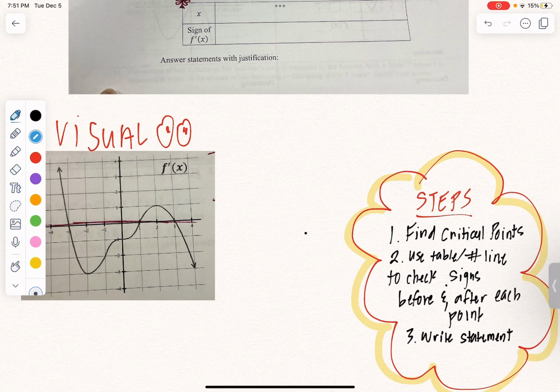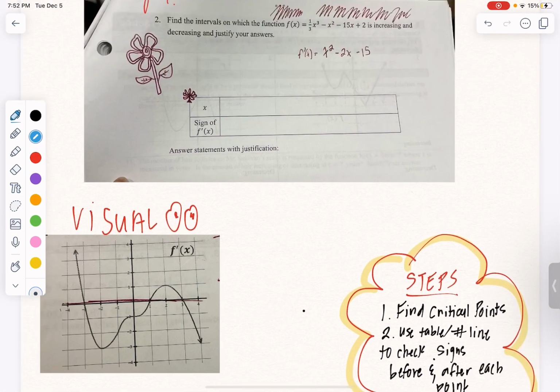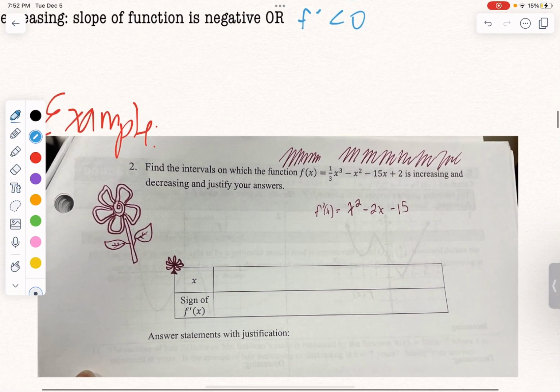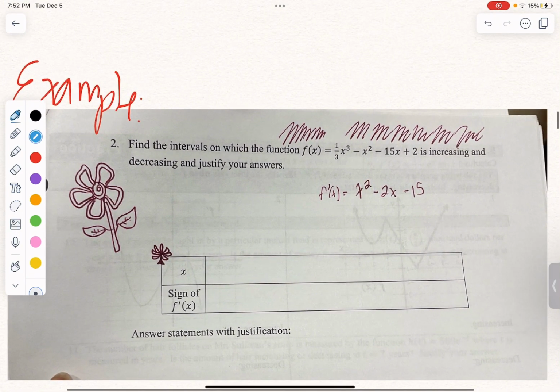I apologize, it's not necessarily to check before and after each point. That's more towards maxes and mins. It's just so you can see where the signs change from positive to negative. That's going to help you find your interval or intervals where a function is increasing or decreasing. And that's exactly what our next question is.